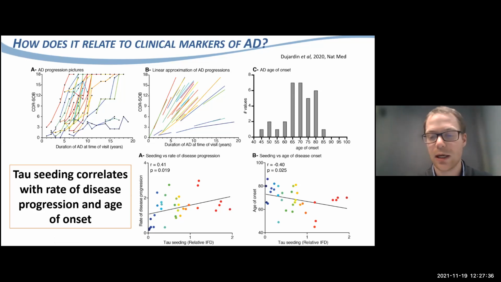So what does that mean? The younger the patient was at onset, the higher the seeding was, and the faster the disease progression, the higher the seeding.